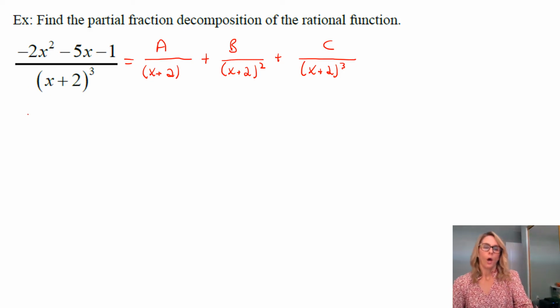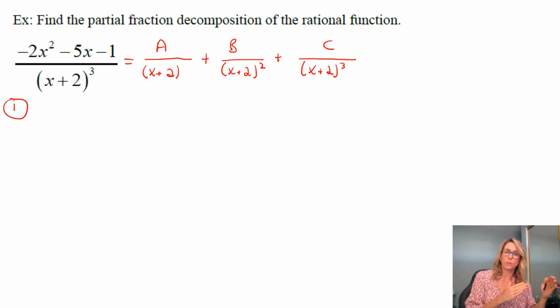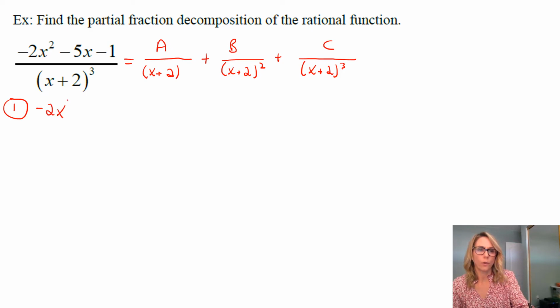So, okay, to start this, we can do what we did before. We will multiply both sides by this x plus 2 cubed, the lowest common denominator. The lowest common denominator here, we do need to have all 3 of them. Not surprisingly, on the left-hand side, that will not give us any denominator at all.